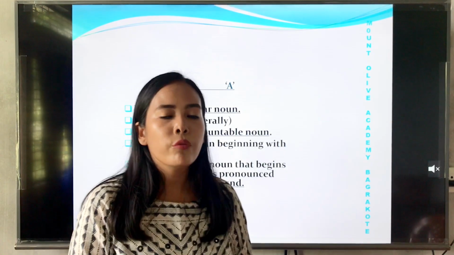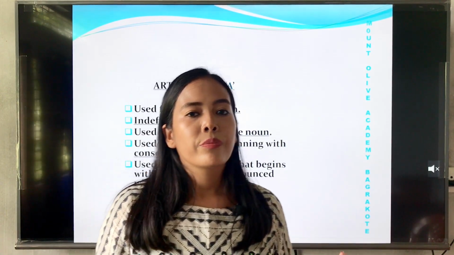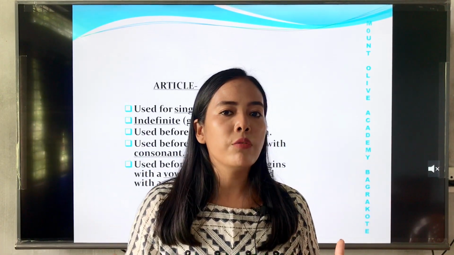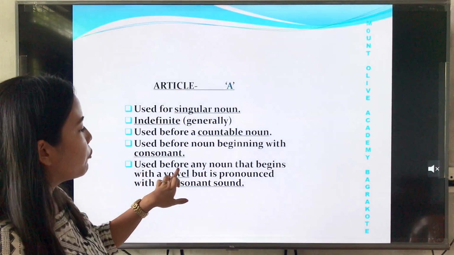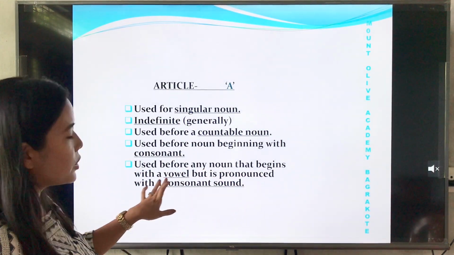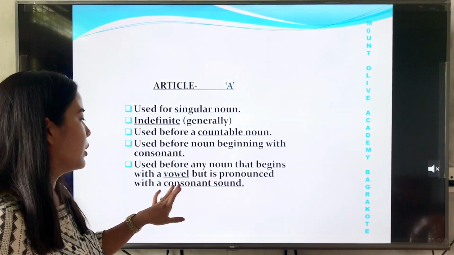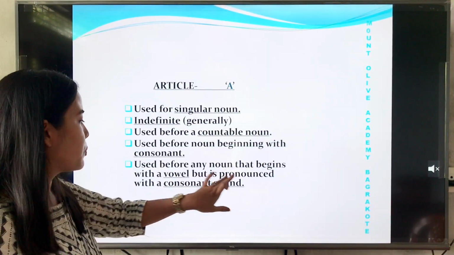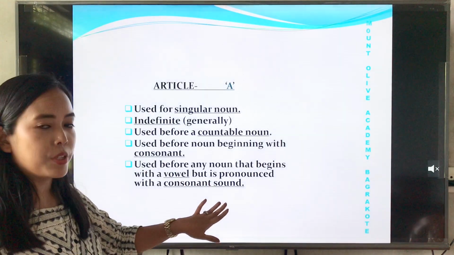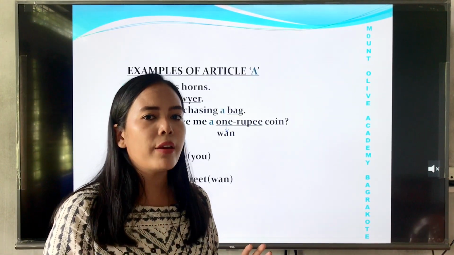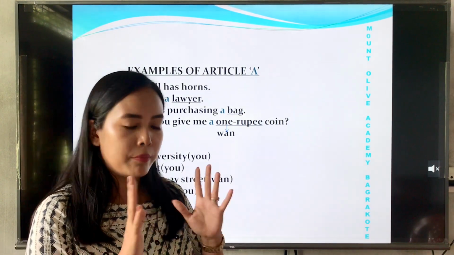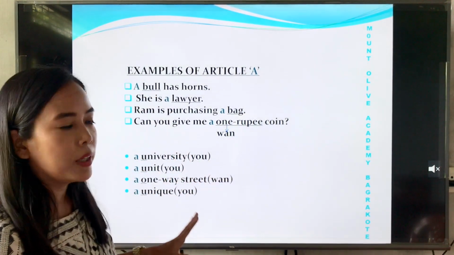So we know we use a before the word which starts with a consonant. Next, it is used before any noun that begins with a vowel, but is pronounced with a consonant sound. Now listen carefully. This may be a little confusing, right? But don't worry, I will give you very easy examples and make this point clear.